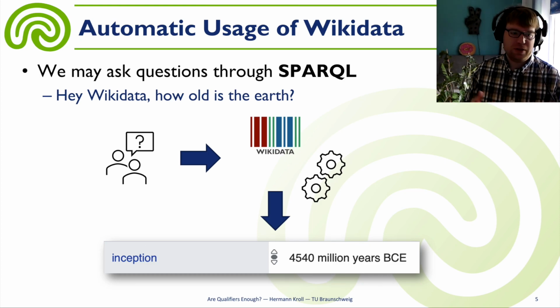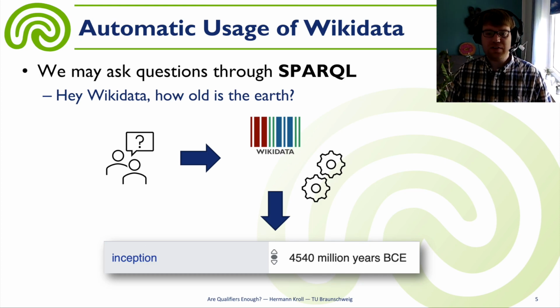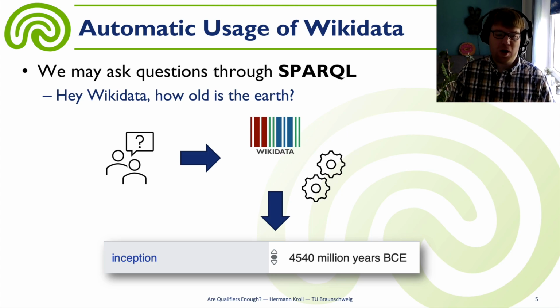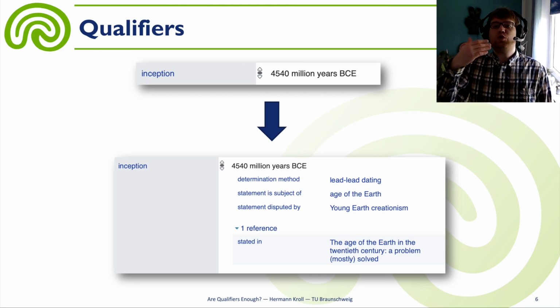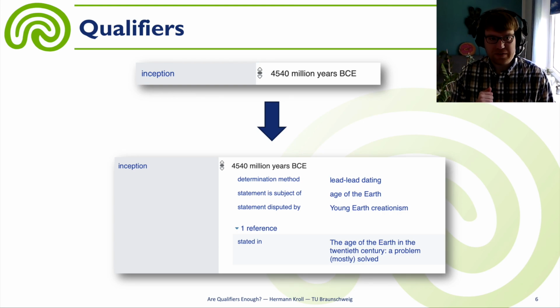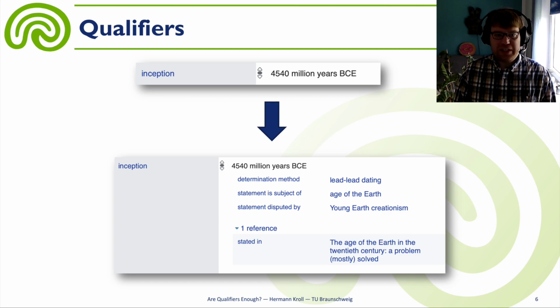Another option could be, hey Wikidata, how old is the Earth? Then we might find the right property like the inception, and then Wikidata could say something like, it's 4.5 billion years old. Okay, this is how we can use Wikidata in an automated way, right? The question is now, what do we also know about statements? In Wikidata, we have so-called qualifiers.